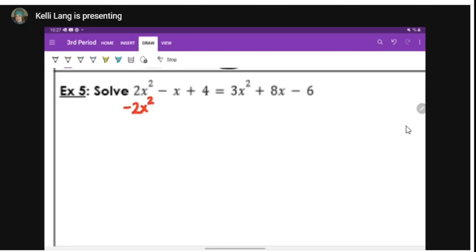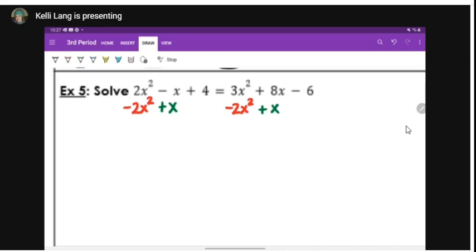I like that a lot because if I subtract 2x squared from both sides, over there on the right, I will end up with a positive x squared. If I tried to do this the other way around, we would end up with a negative x squared on the left, and we don't want that. So I'm going to go with her instincts. Let's undo all the stuff on the left.